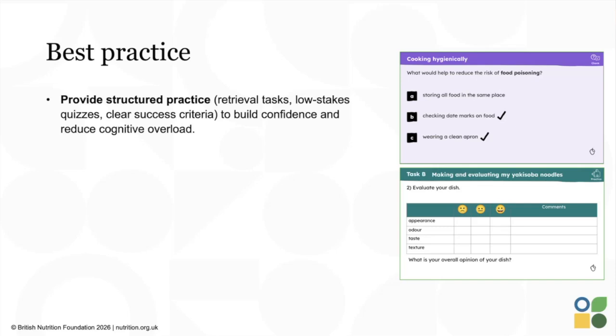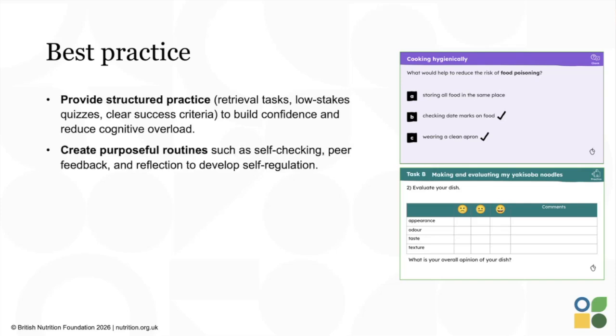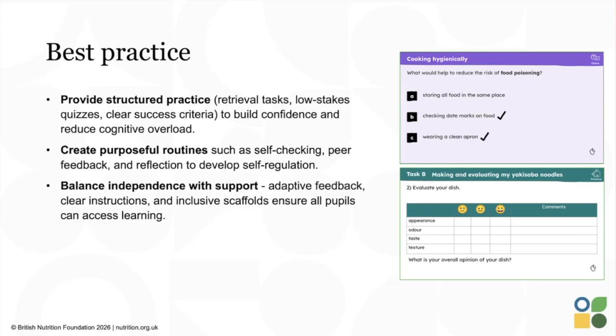So you can see here that quick low stakes check for understanding just on the top right hand of the screen. We've got really clear purposeful routines. So for example, we've got lots of things in the materials about self-checking, peer feedback and reflection. So you can see the self-evaluation thing here.